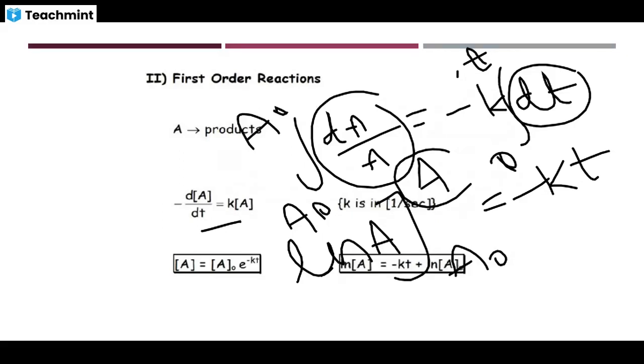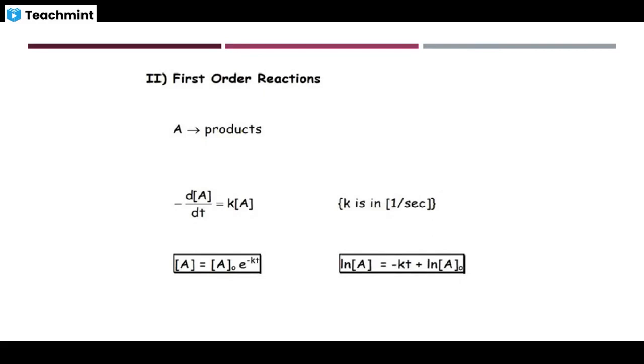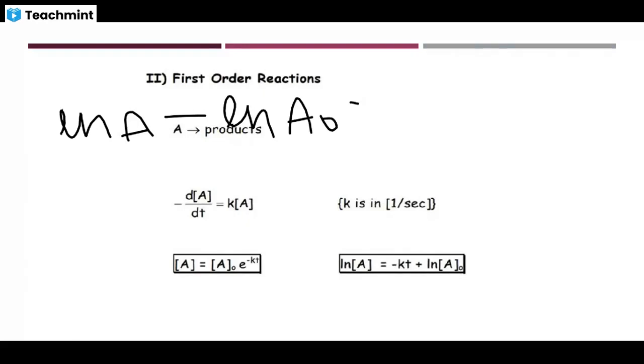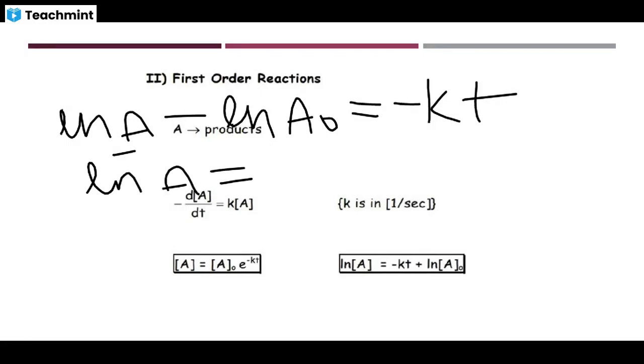So if you remember all this, ln A minus ln A naught equal to minus kt. So the same formula. If you want A, take the ln A naught to that side. So ln A equal to ln A naught minus kt.